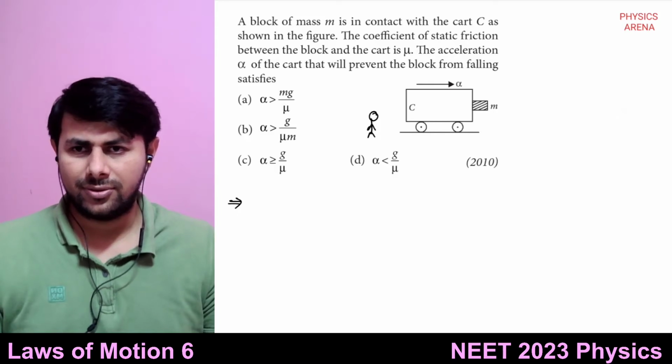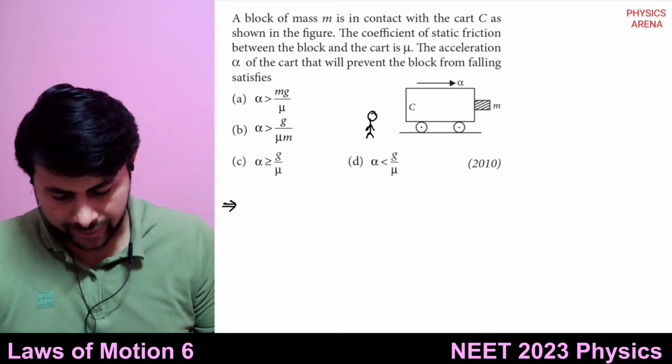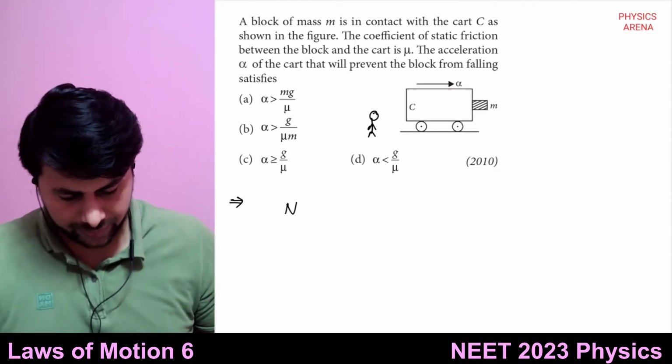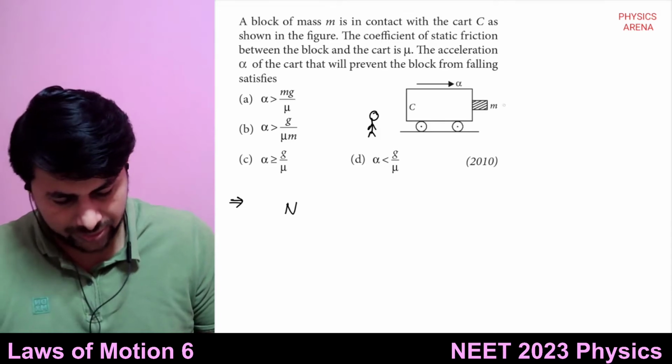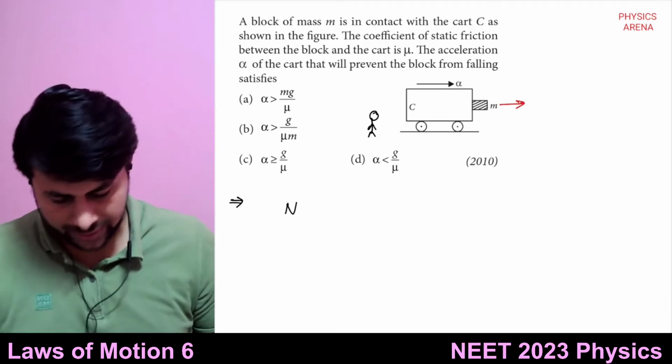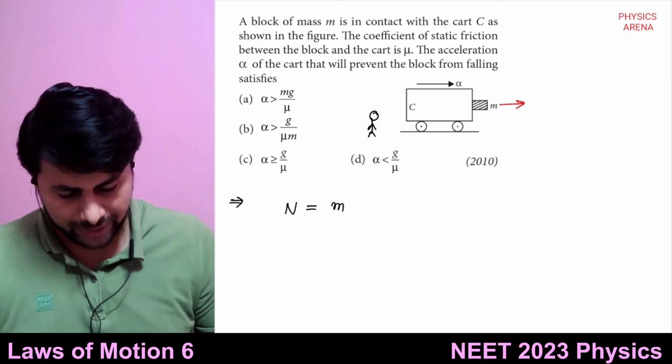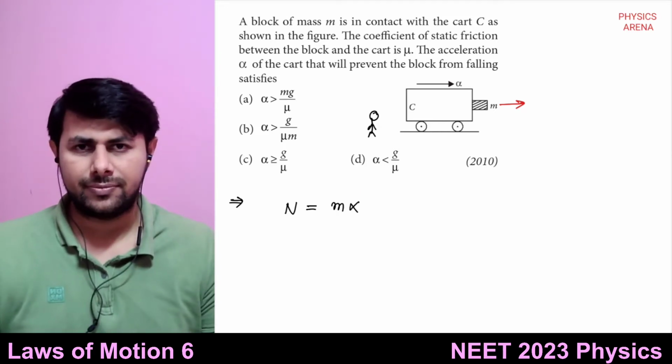So therefore I can say the normal reaction, which is acting towards the right like this, is equal to what? This mass multiplied by the acceleration alpha.